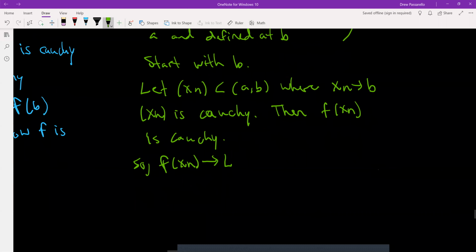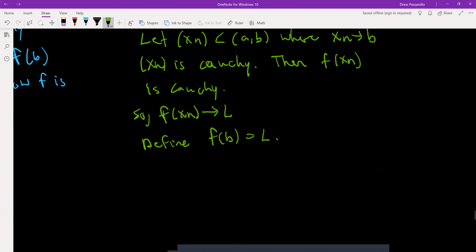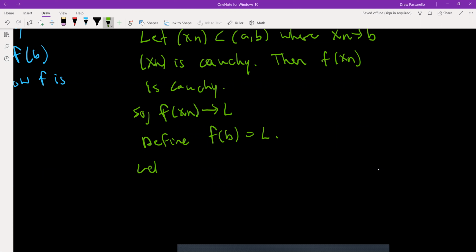Now define f of b to equal L. Now let the sequence yn be a subset of (a, b) where yn converges to b.